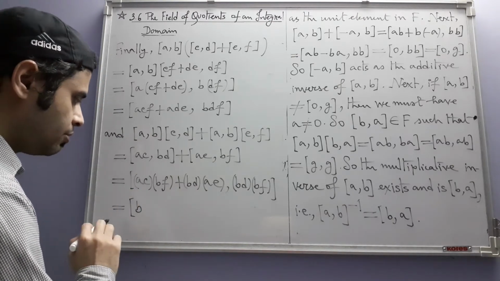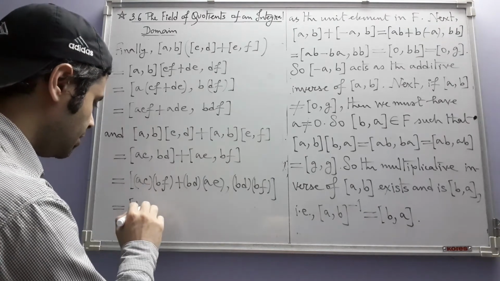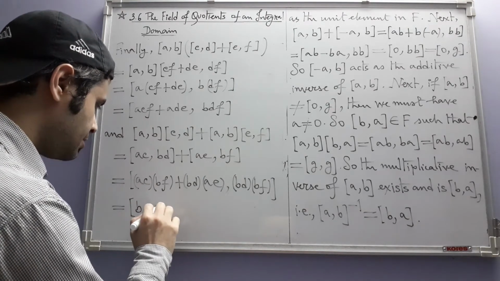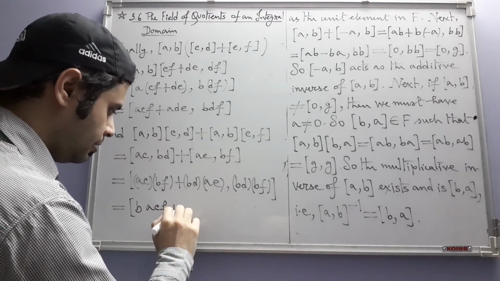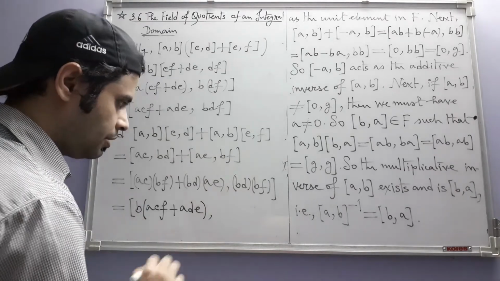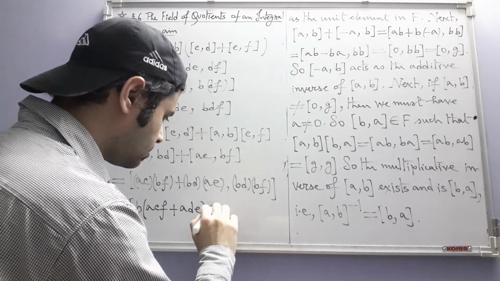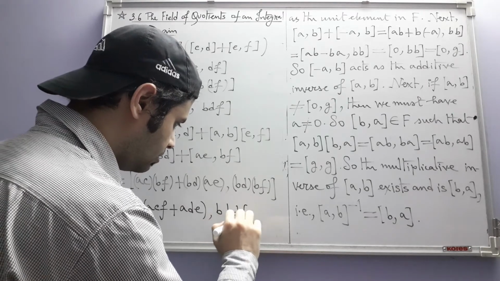If we take b common out and carry out all the usual calculations, then we will be left with acf plus ade. Here also we can write b times bdf.